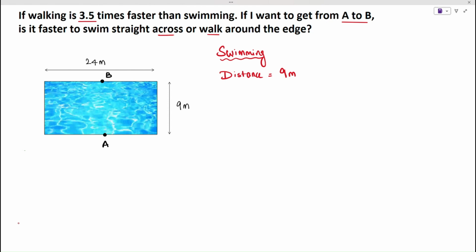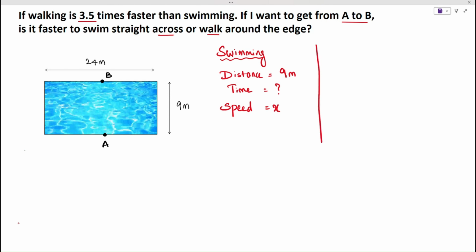And our time, we don't know our time, so we'll just have that as a question mark next to time. And we're told that its speed is 3.5 times slower than walking. So if we take swimming speed as x, just any value that x can hold.